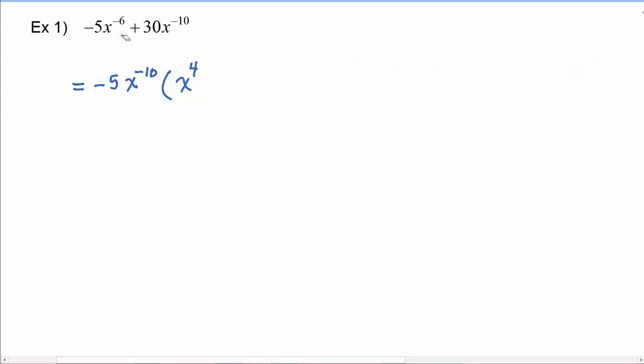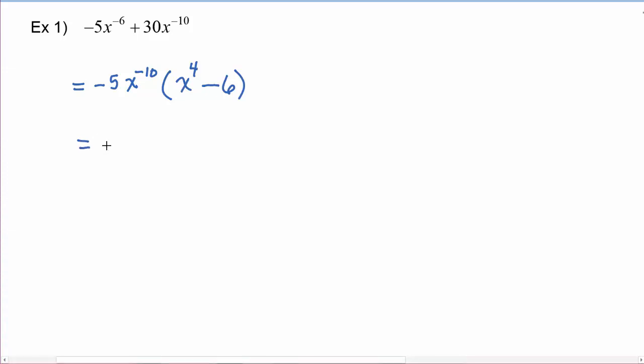Now, because we have a plus sign in front of the 30, but we factored out a negative, that means we're going to need a minus sign in here. 30 divided by negative 5 is negative 6. X to the negative 10th divided by x to the negative 10th is 1, so there's no x variable there. Now we need to have all positive exponents in our final answer.